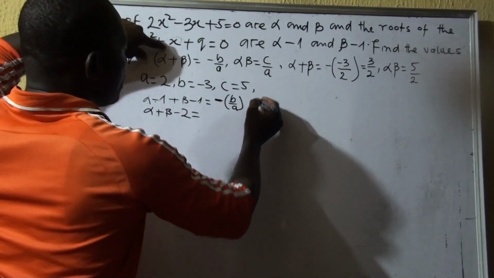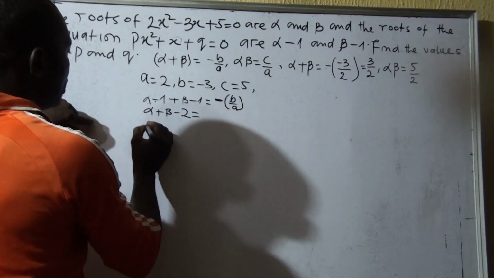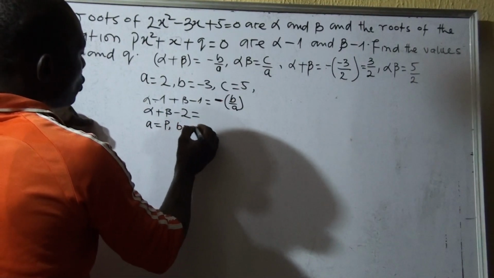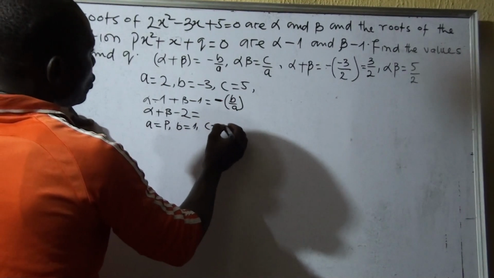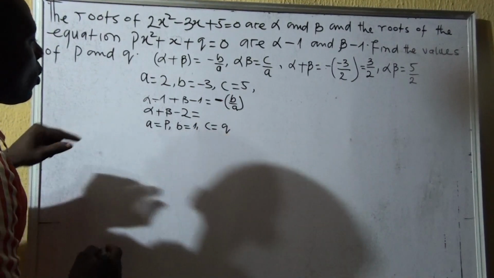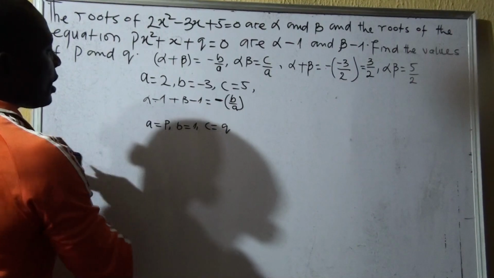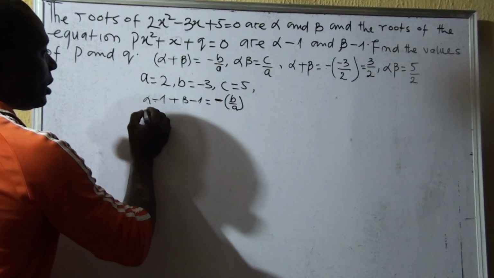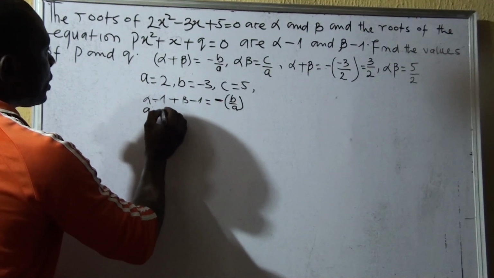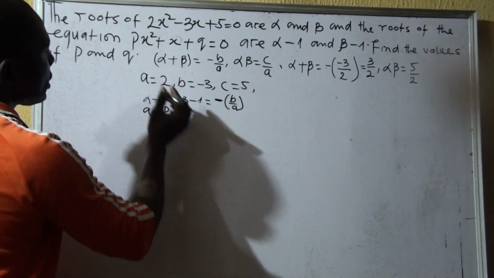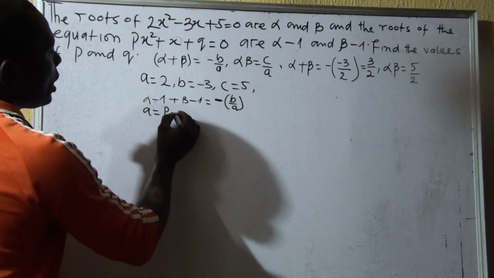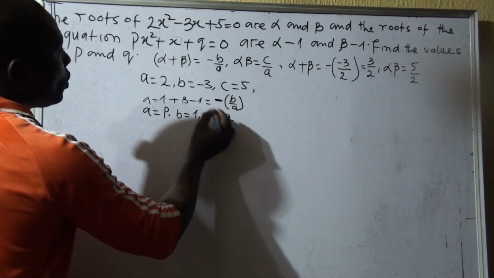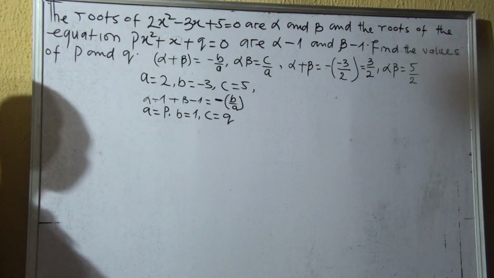Let's look at the second equation. a is p, b is 1, and c is q. Let me put this very clear: the second equation is px squared plus x plus q, so a is p, b is 1, and c is q, which is a constant term.